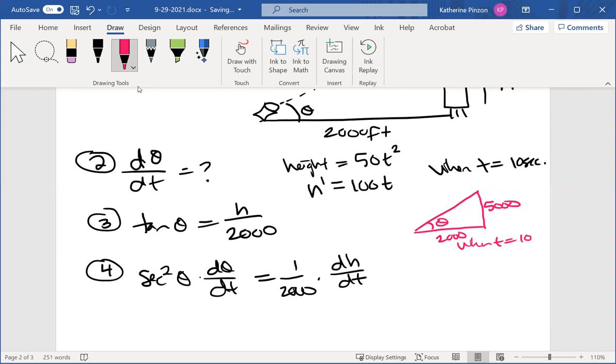I think we need that information because I need the secant. Like, I don't want to find out what this angle is because that's annoying. If I know the third side, then I can find the secant and just square it by using the three sides. I think that's easier than finding the angle. So how do you get 5,000? I got the 5,000 because this is the height, and when t is 10, I just plugged in 10 for t in the height equation.